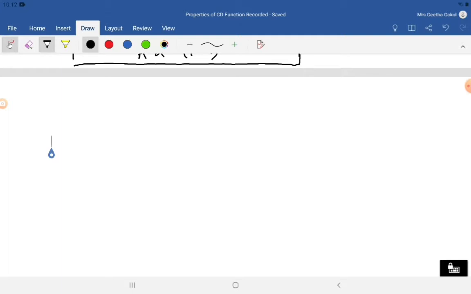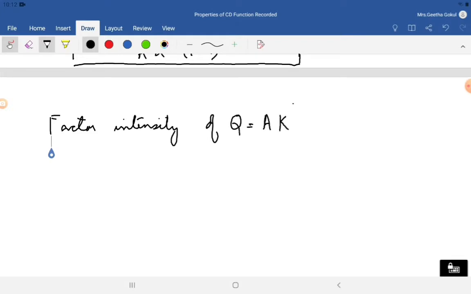The next property says that the factor intensity of a Cobb-Douglas function of the form Q equals A K to the power alpha, L to the power 1 minus alpha will be determined as L by K in the ratio 1 minus alpha to alpha.